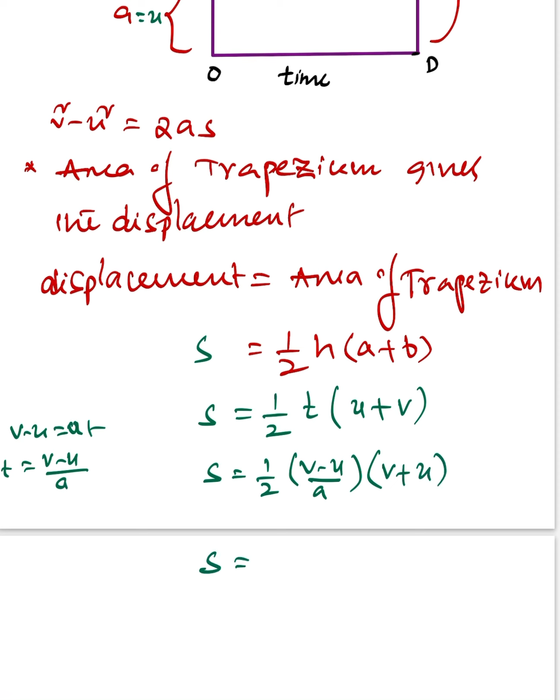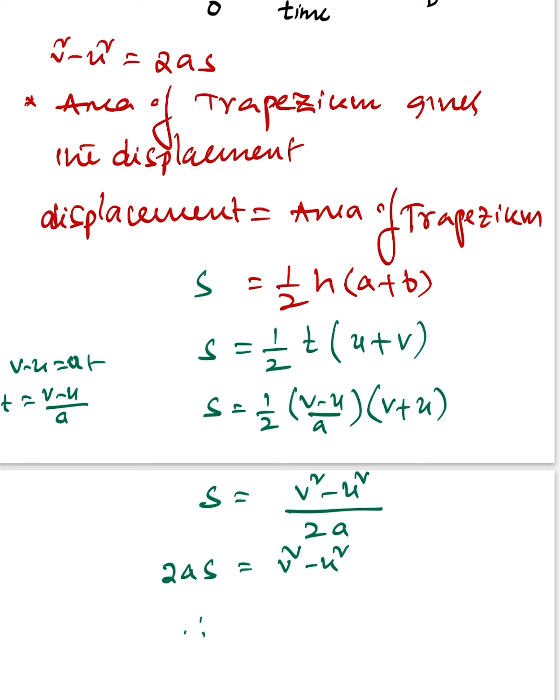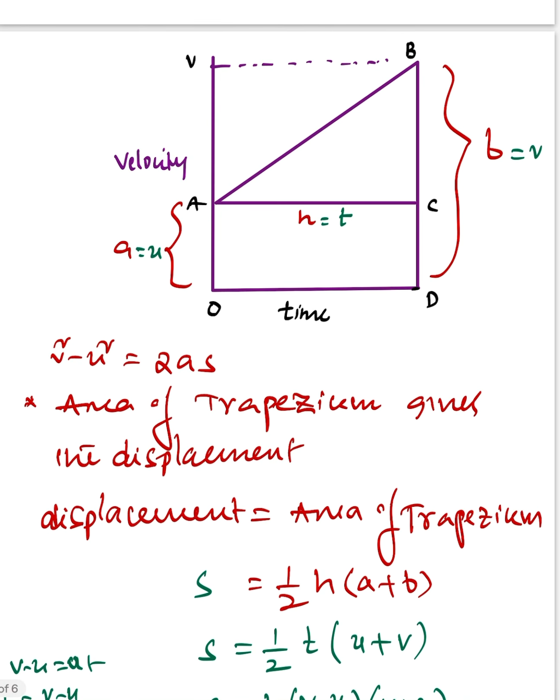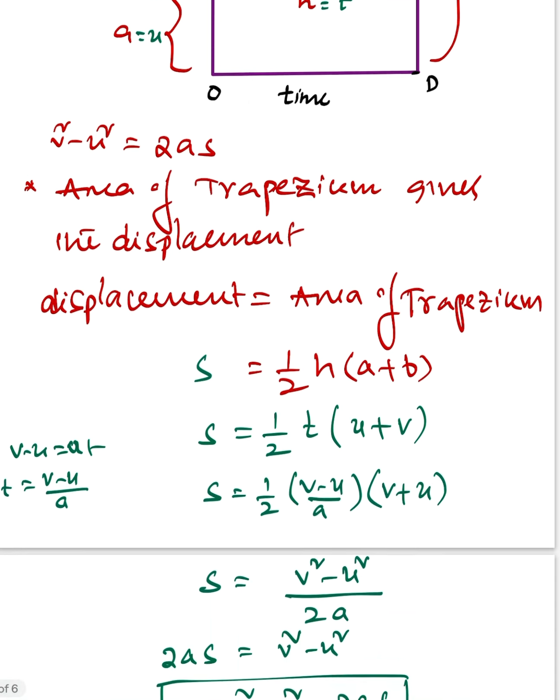Then s equal to a plus b into a minus b, you know very well, a square minus b square. So here v square minus u square by 2a. Then do cross multiplication: 2as equal to v square minus u square. Therefore v square minus u square equal to 2as, from the area of trapezium.